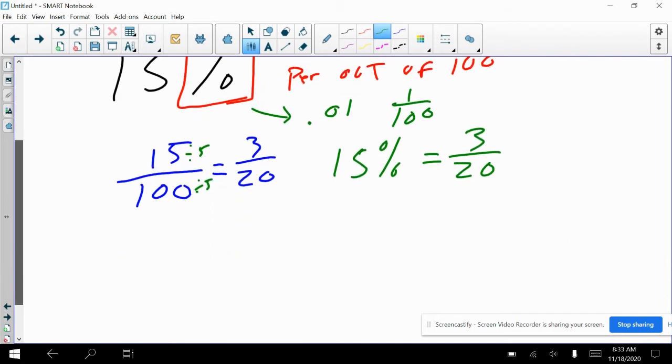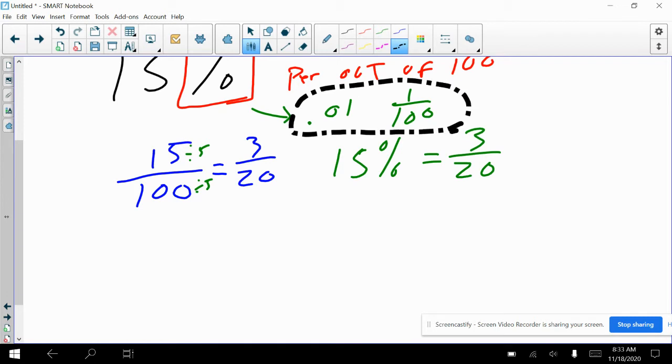All right, now the other way that you could do this, using this information right here, where is the decimal point on 15? Back there, right? If you multiply something by 100th, or I should say divide, that moves the decimal 2 places to the left.